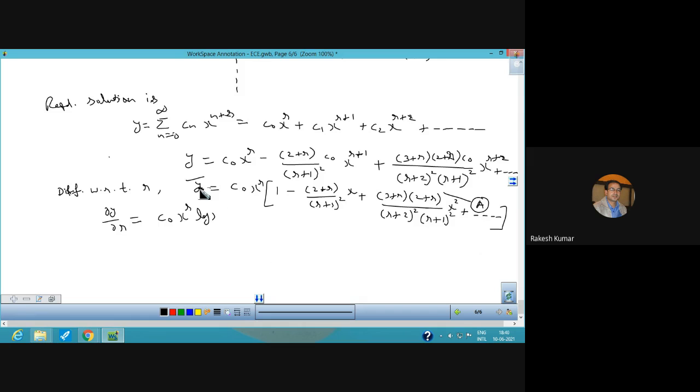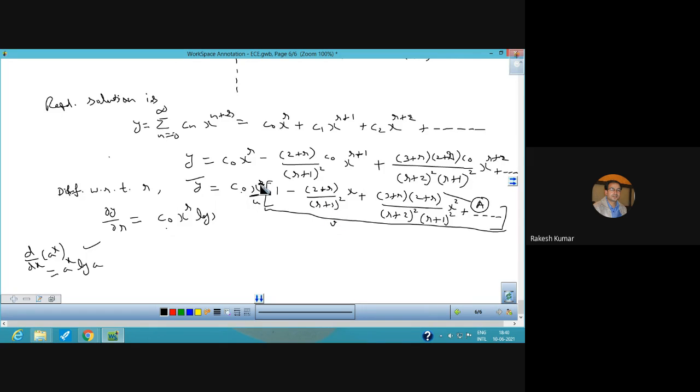Now you can find out the derivative very easily. Derivative of y with respect to r. If you remember the formula, d/dx of a raised to power x is always a raised to power x log of a. This formula has been used over here. C naught is a constant. This can be taken as u, and this whole bracket can be taken as v. So we have the u into v formula.